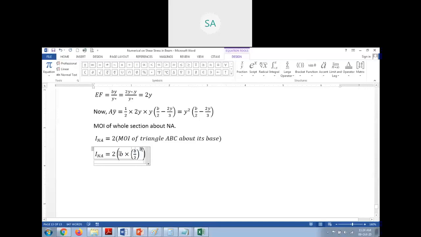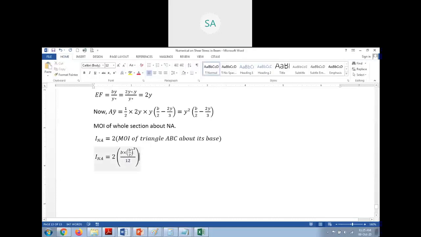And this entire thing, b into d by 2 or bd cube by 12, right? So this is the moment of inertia of a triangle about its base. This is base, this is height. Base into cube of height divided by 12. And there are two triangles, so I am multiplying this by 2.